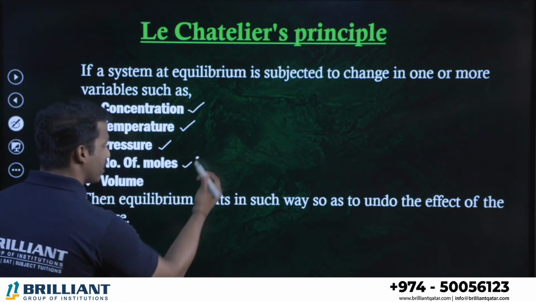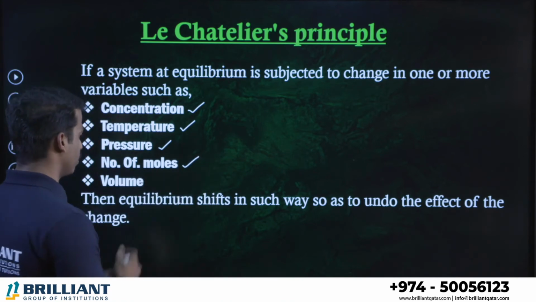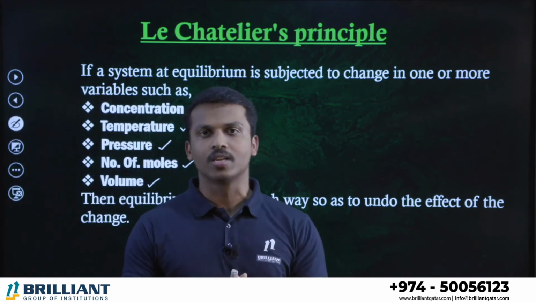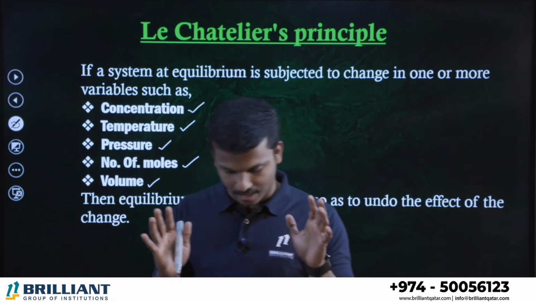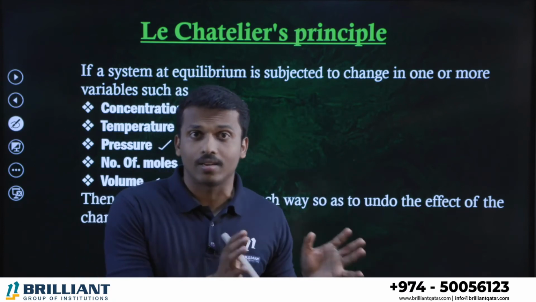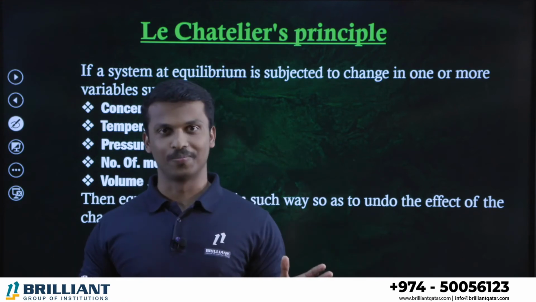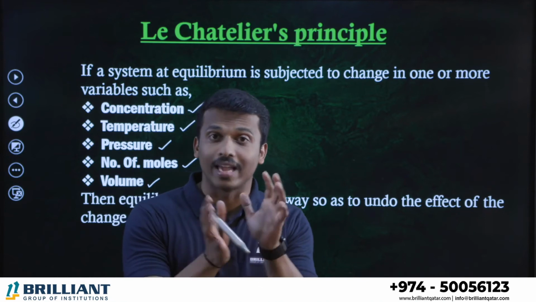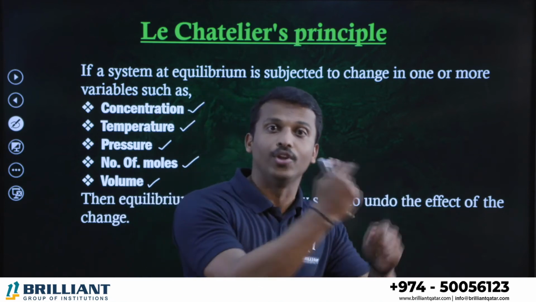If there is a difference in number of moles or volume, when you change any of these factors, the equilibrium gets disturbed. So will the equilibrium stay in that disturbed state? Definitely no. It will try to compensate, nullify that change and bring a new equilibrium.